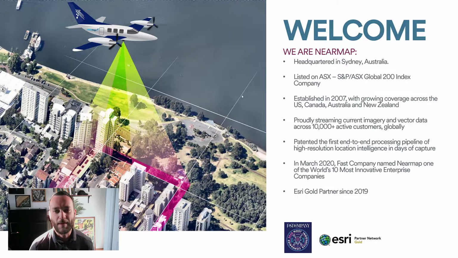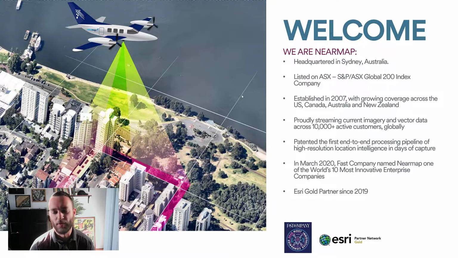So Nearmap, who are we? We are an aerial imagery company. We collect data through our fixed-wing aircraft. What we do is we actually have a proprietary camera system. We mount this system to the belly of a fixed-wing aircraft, and this aircraft flies between 8,000 and 12,000 feet, taking source photos of the ground at about 2.2 inches of resolution.